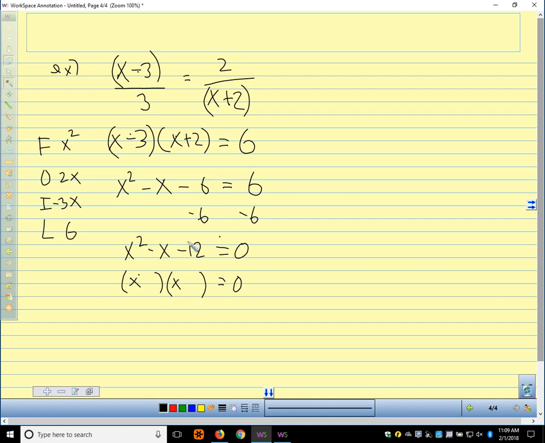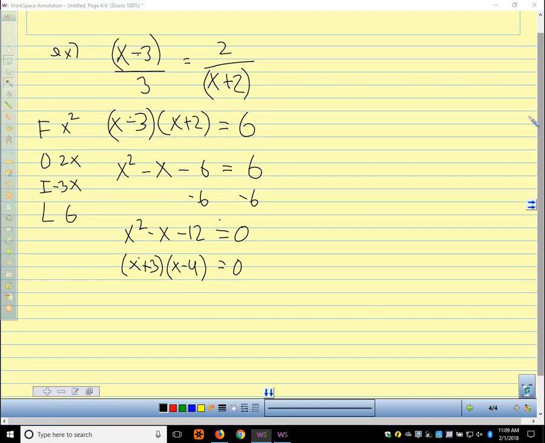And we need two numbers that multiply to negative 12 and add to negative 1. So two numbers that multiply to 12 that are 1 apart. How about 3 and 4? And to get a negative 1, we need a negative 4 and a plus 3. And now this tells us that this is a number, this is a number, and the only way they can multiply to give a 0 is if one of them is 0.